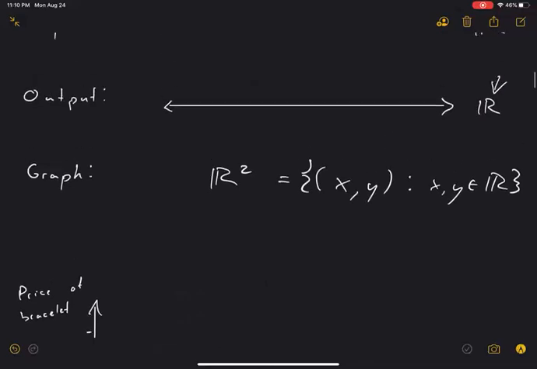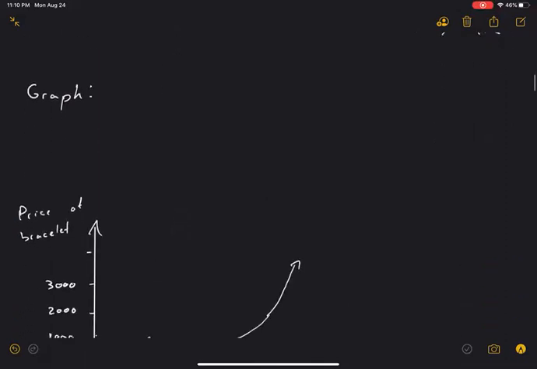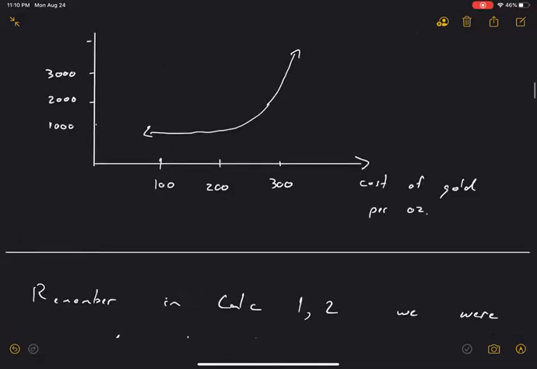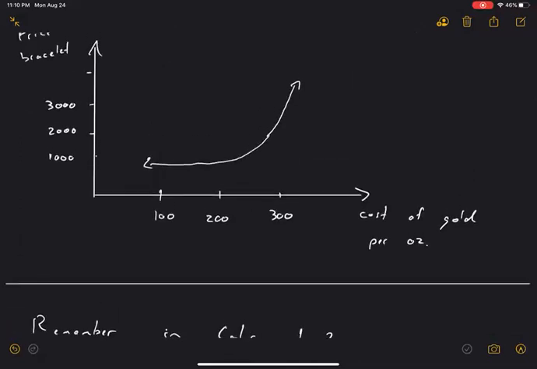So to reiterate, my input is a single number on the number line. My output is a single number on the number line. But when I graph the function, what's the graph of my function? It's basically a visual way to represent me pairing up an x with a y.